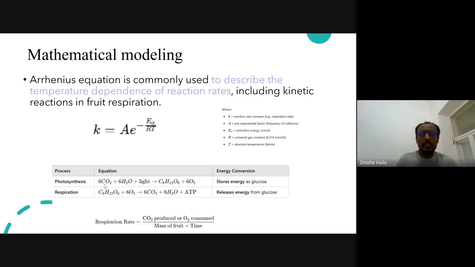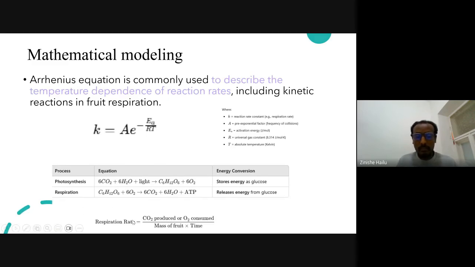As we know, fruits and vegetables, after harvest, respire. During respiration, glucose is broken down into carbon dioxide plus water. This carbon dioxide can be measured as the respiration rate, as you see in this mathematical equation.